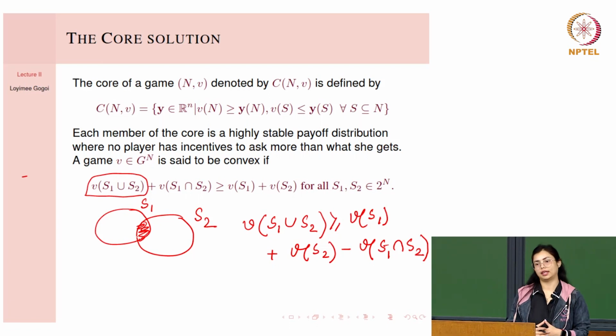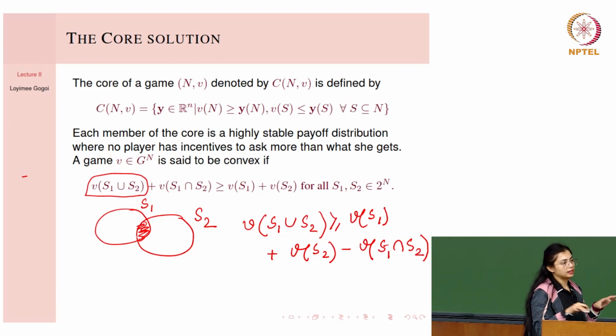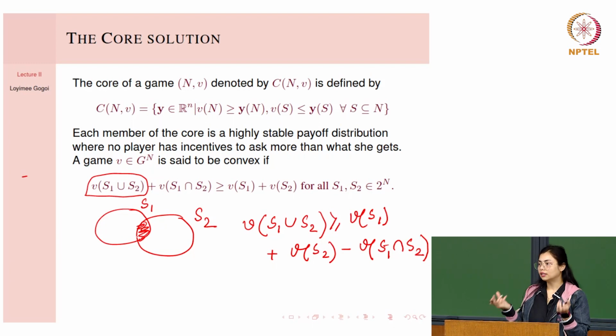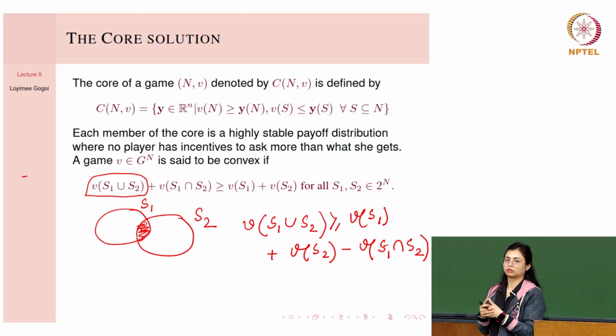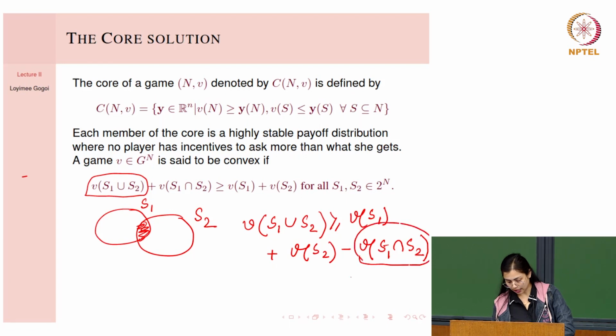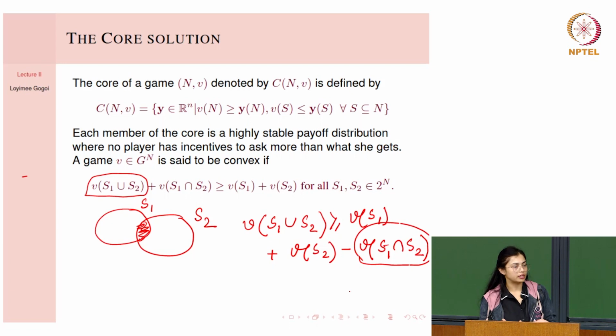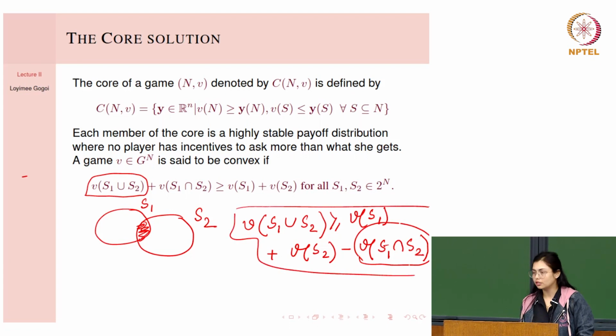So one way we can say, two different groups, whatever value they are generating, if they merge together, their value should be more, minus whatever the common players are generating. This expression is similar to the number of elements in a set.